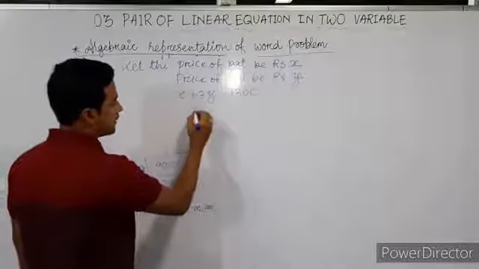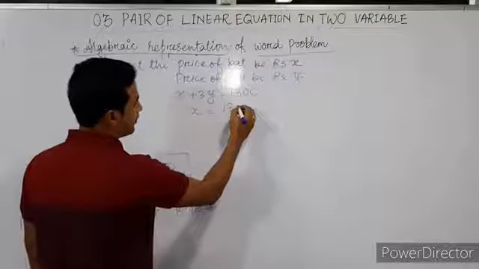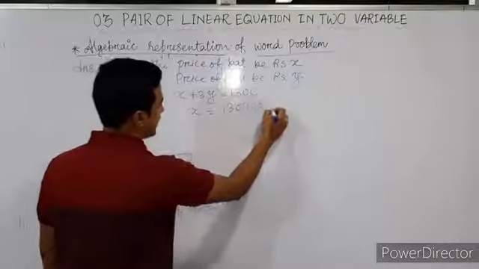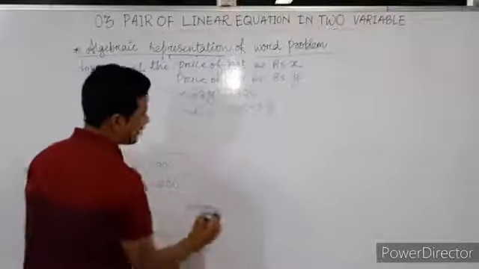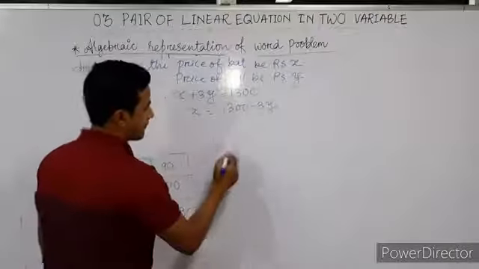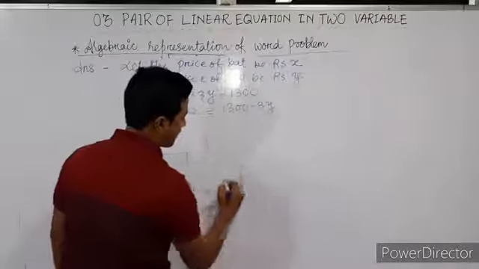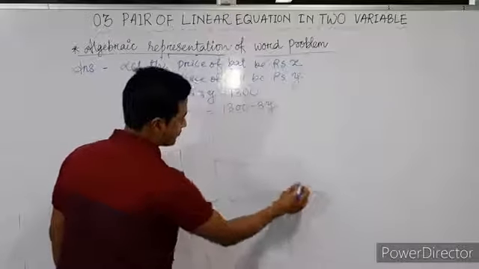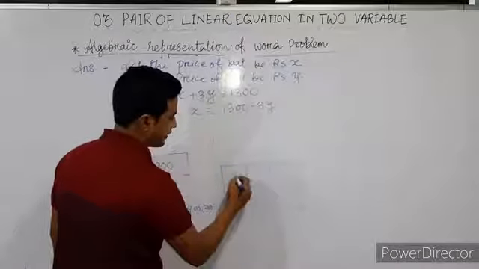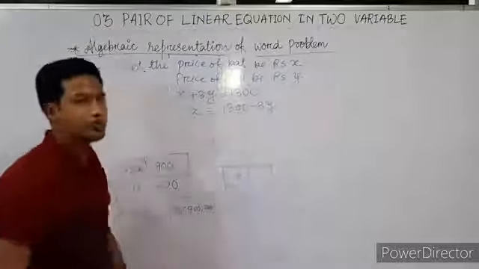Again we do it like this: x is equal to 1,300 minus 3y. For this we have to make another box. Another box we made, x and y. Again you go for the values.